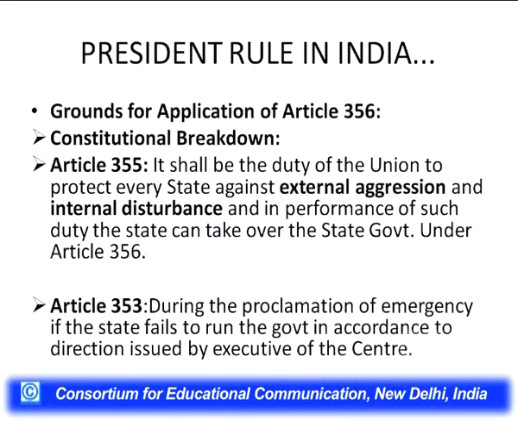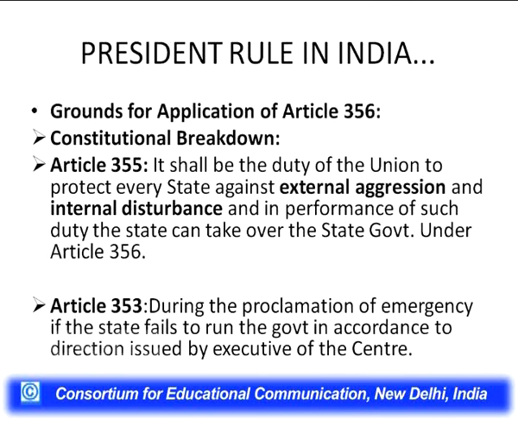Now, I am coming to the second aspect of my lecture, and in this aspect I will try to emphasize the grounds on the basis of which President's rule can be imposed in a state. The one ground which I have already explained to you is under Article 355 of the Constitution, which imposes a duty on the Union to protect every state against external aggression and internal disturbance, and in performance of this duty the center can take over the state government under Article 356.